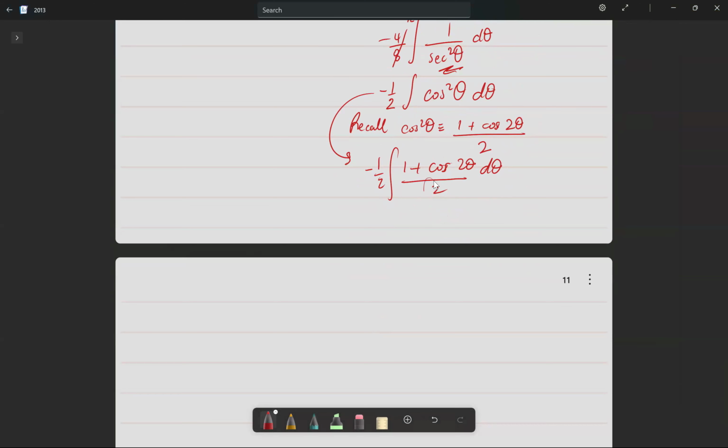This 2 is going outside again, so that's 1 over 4 integral of 1 plus cosine 2 theta d theta.